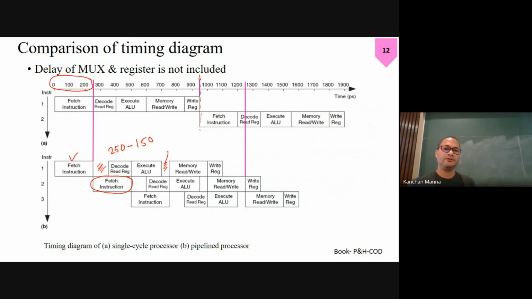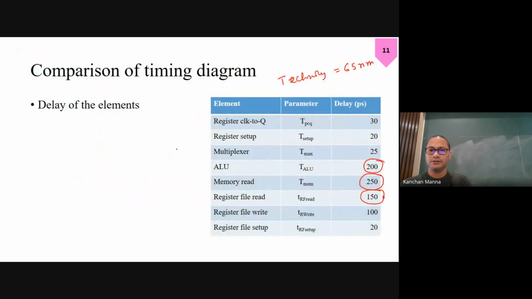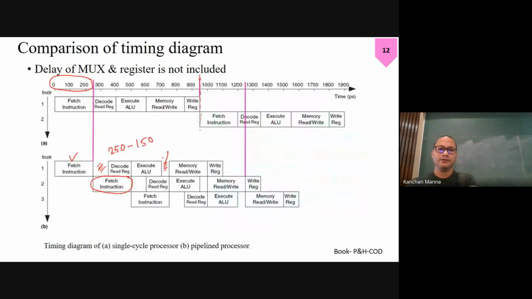Similarly for the ALU, 250 minus 200. This is like fragmentation, like you know in OS. In the same way, these components sit idle a few times, and that happens because of the unequal delay of each component. So this is the timing diagram.